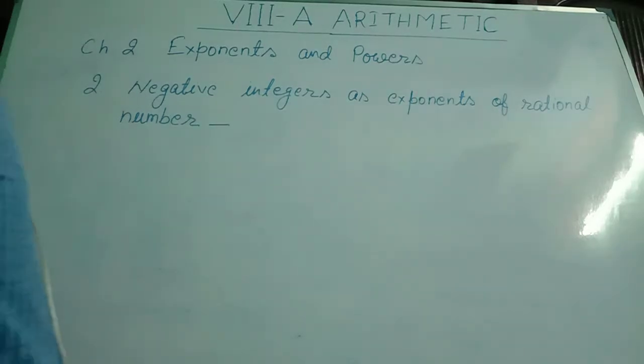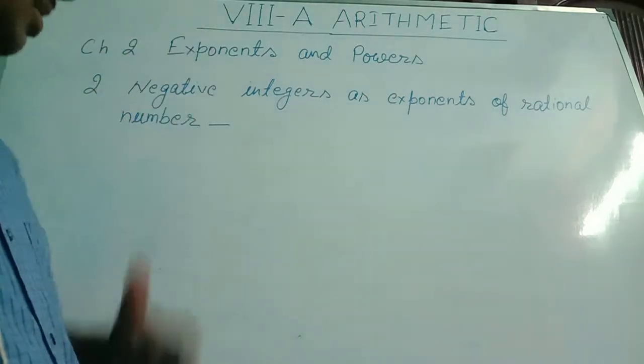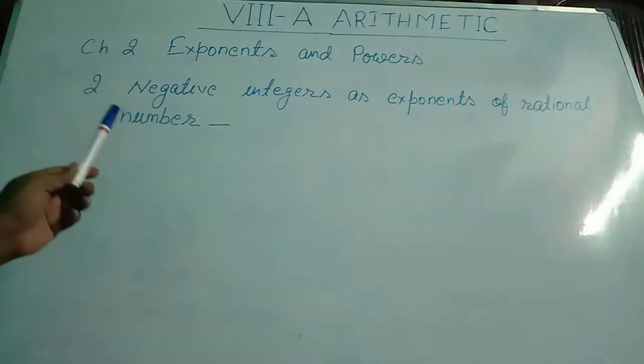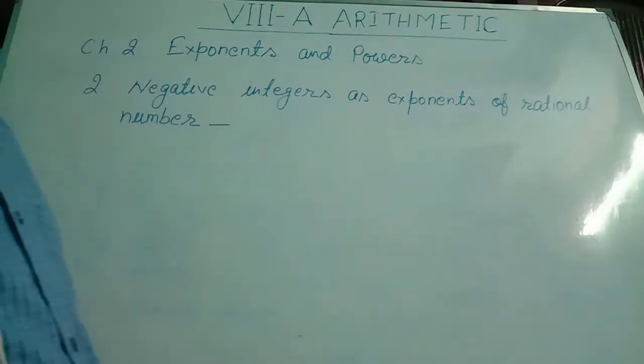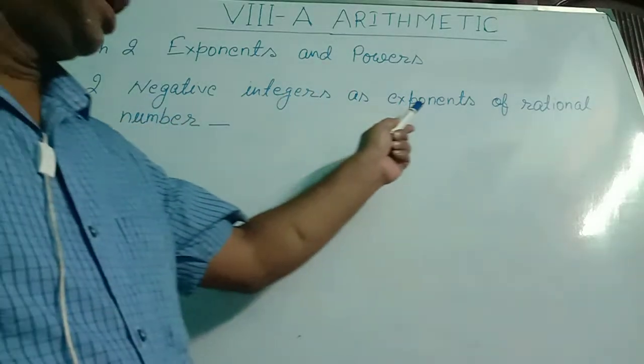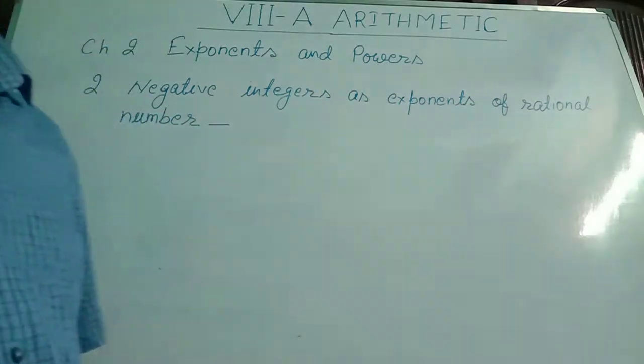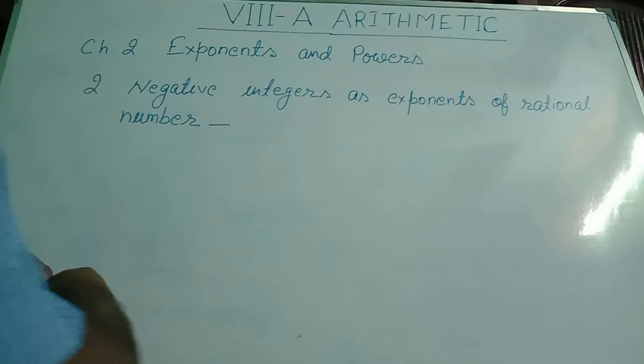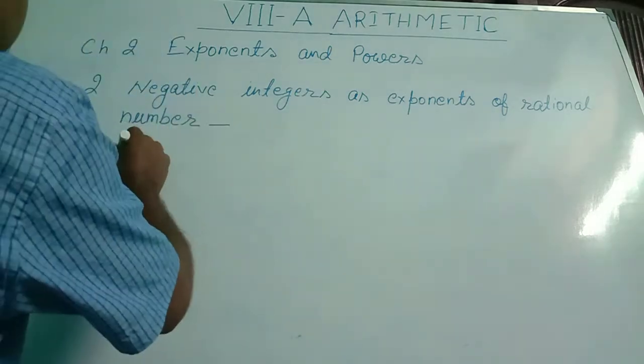The second part of the explanation of this chapter, related with the first exercise of the chapter, is negative integer as exponent of a rational number.